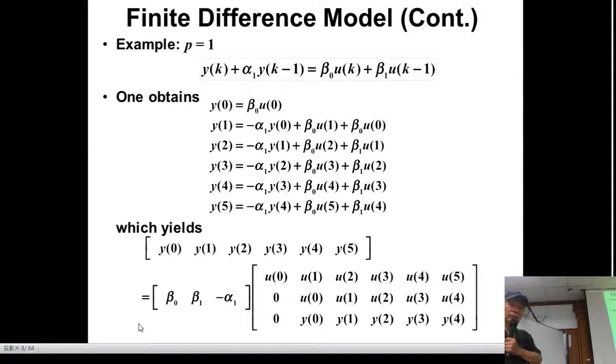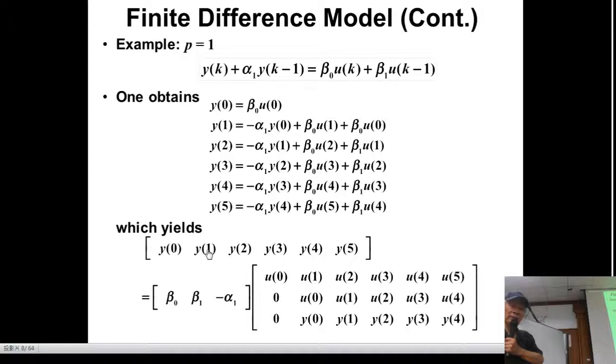And then my parameters are beta 0, beta 1, and minus alpha 1. If I put them in this order, then the right-hand side of these equations can be written in terms of u0 and 0, 0. My y0 equals beta 0 times u0, beta 1 times 0, minus alpha 1 times 0. And then my y1 will be minus alpha 1 y0, beta 0 u1, and beta 1 u0.